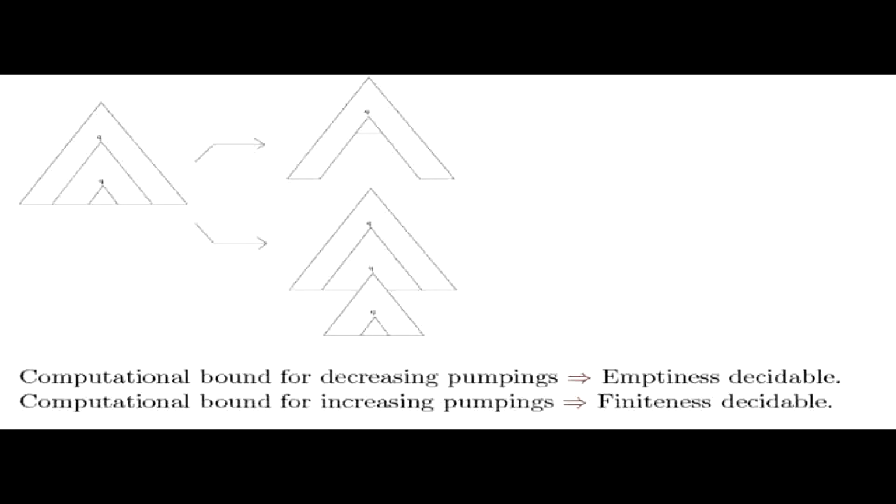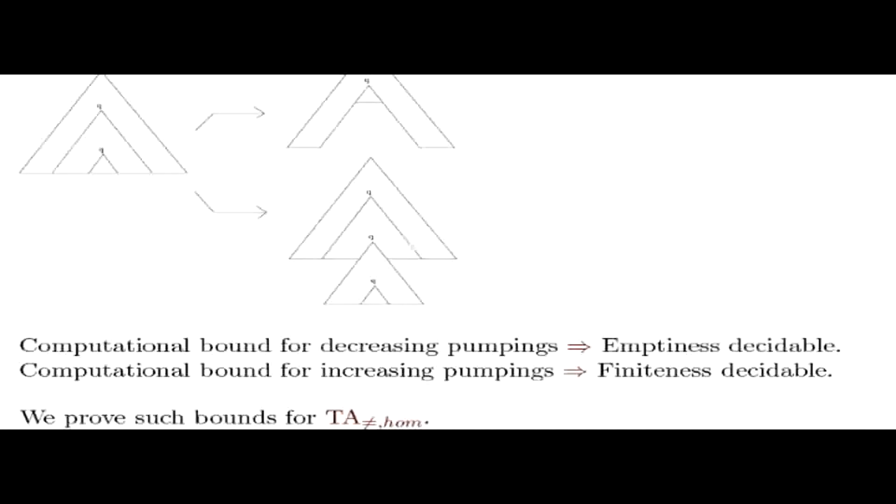For plain tree automata, the necessary and sufficient condition to ensure that the new run is correct is that the resulting states of the two involved subruns coincide. When the tree automaton has equality and inequality constraints, the constraints may be falsified when replacing a subrun by a new run. We prove the existence of such computational bounds when we deal with Hom and inequality constraints.